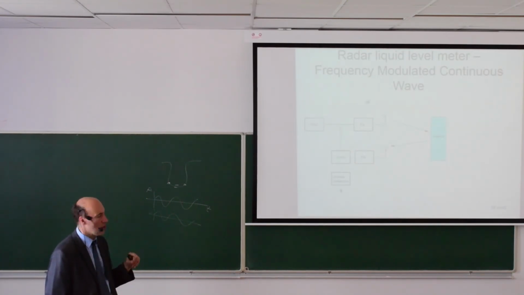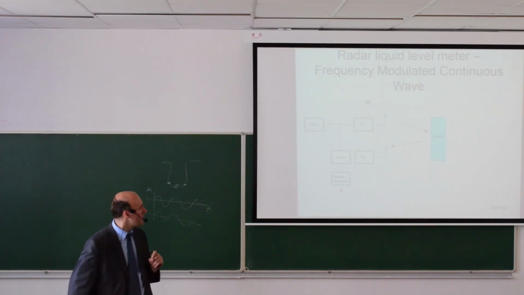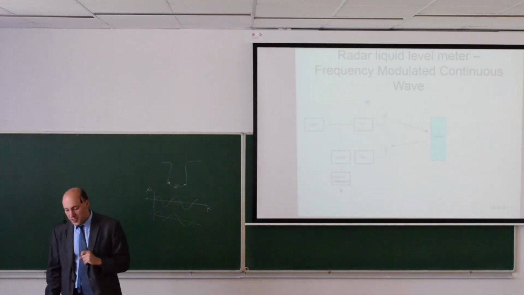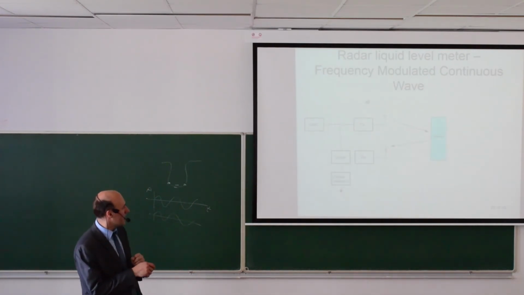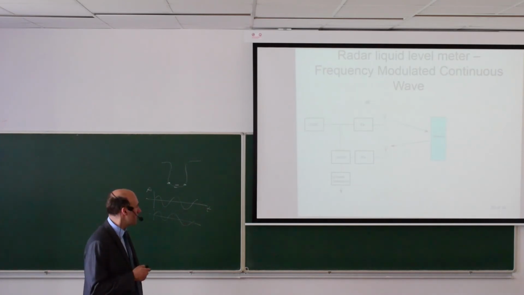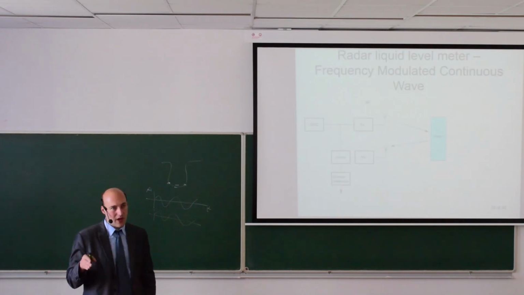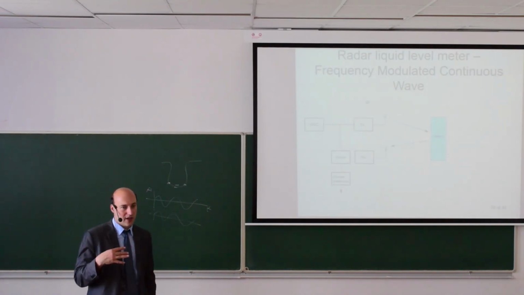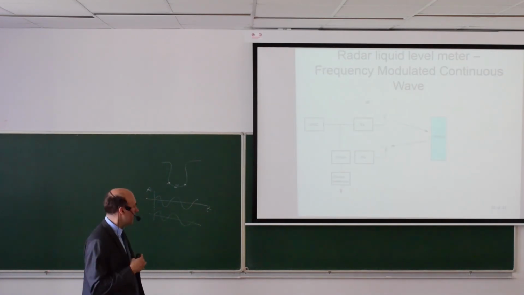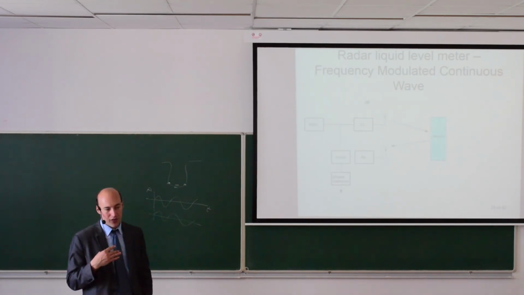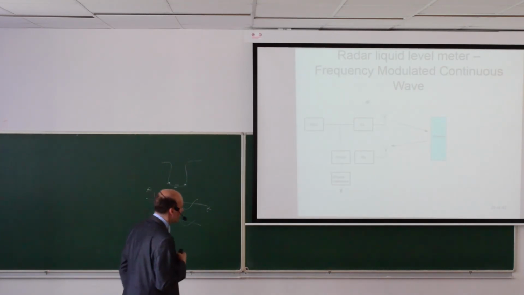We have discussed this already for position sensors, so I will not go into the details, but you need a different arrangement of the sensor. You are transmitting a variable continuous wave, and you're not looking for the reflection as a function of time, but for the frequency difference, which is easily detected.